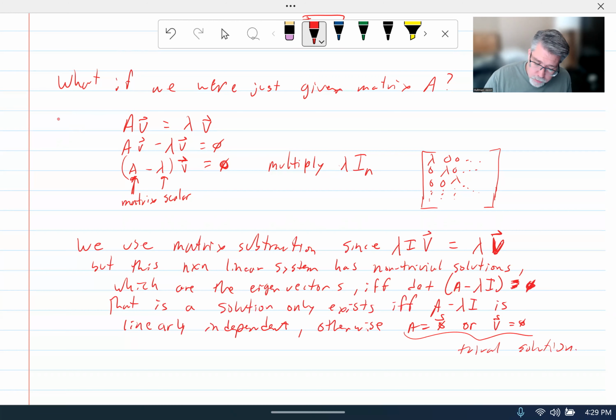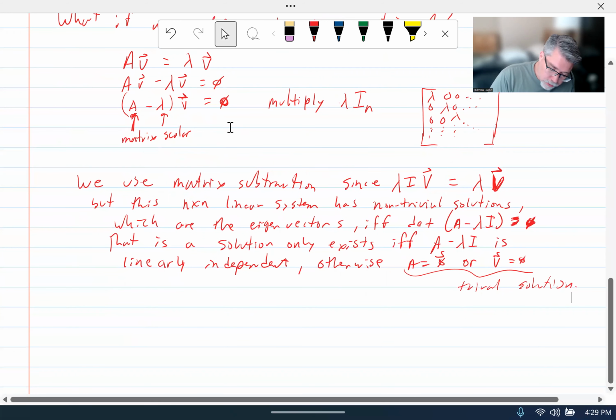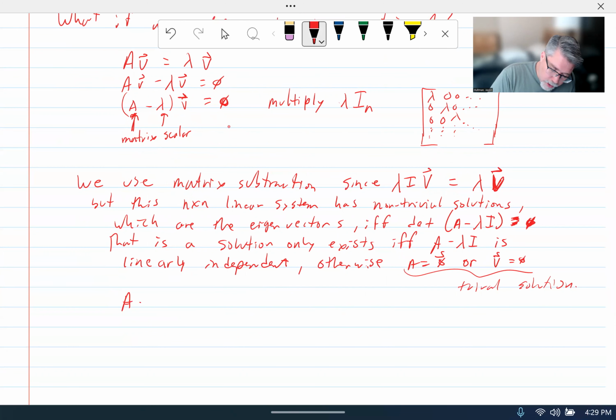So what we're going to say is that this thing has a solution only when A minus lambda I times V naught is equal to 0. And that's going to be linearly independent if and only if the determinant of A minus lambda I is equal to 0.